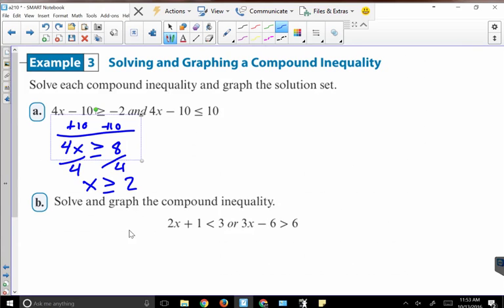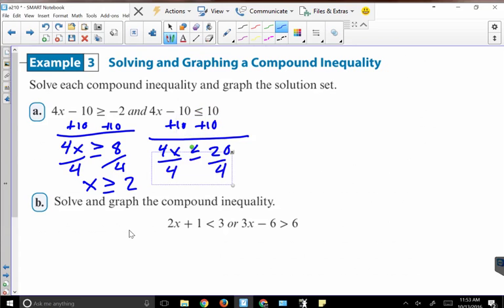Over here, add 10, so I end up with 4x is less than or equal to 20. Divide by 4, divide by 4, x is less than or equal to 5.